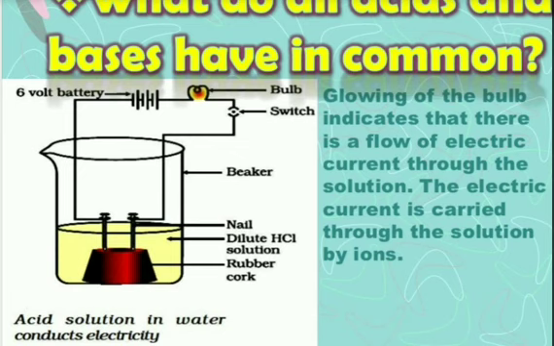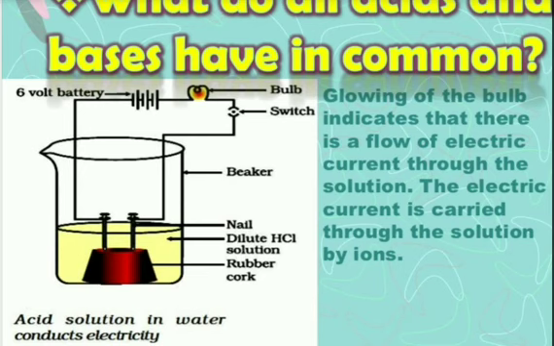And who forms ions? The presence of HCl with water forms H plus ions or hydronium ions, which give rise to the conduction of electric current. And the result was that we can see the bulb starts glowing.